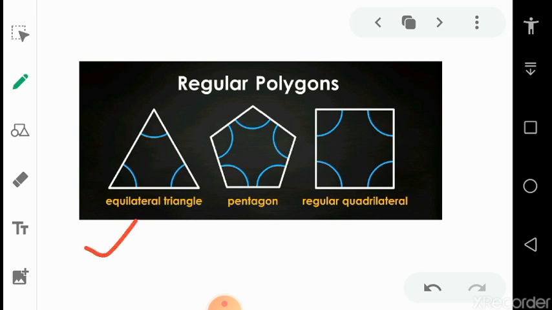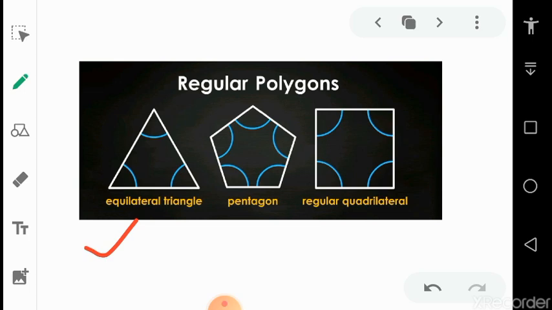This is an equilateral triangle. There are many triangles, isosceles, equilateral and scalene, but a triangle whose all sides are equal is called an equilateral triangle, and it is a regular polygon because all sides are equal. You should listen carefully. All sides are equal, that's why it is a regular polygon.